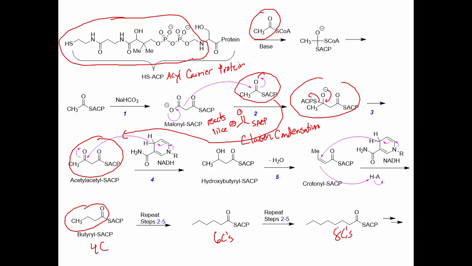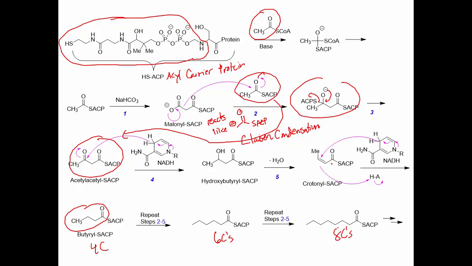Okay, every once in a while, you're going to not reduce the compound, or not reduce the crotonyl SACP or any of the derivatives here where you have a double bond, and you're going to build the fatty acid from the unsaturated ketone, and that's where you get the unsaturated esters when that process happens.